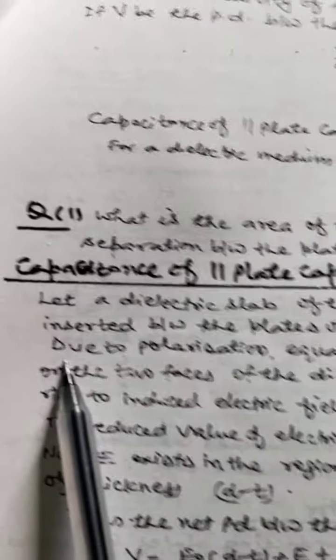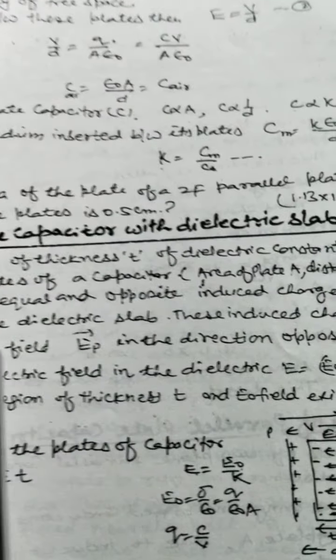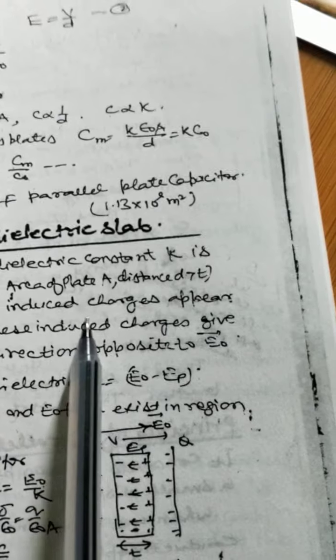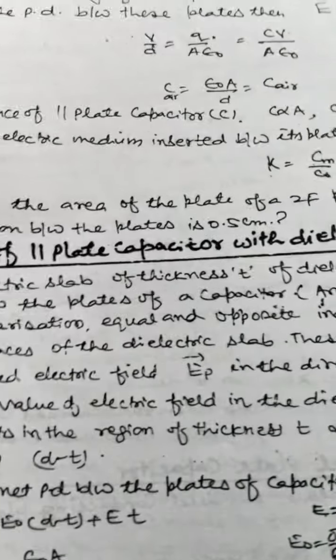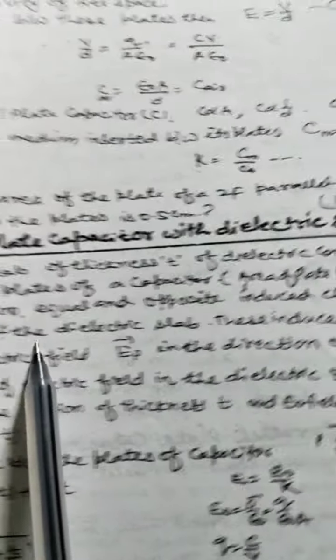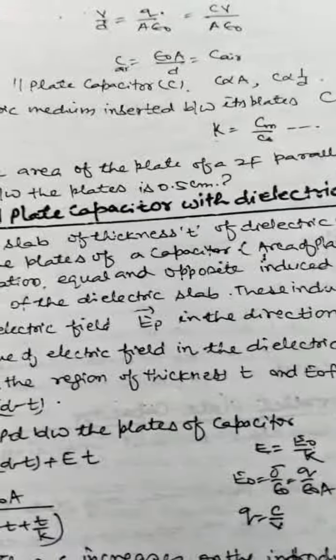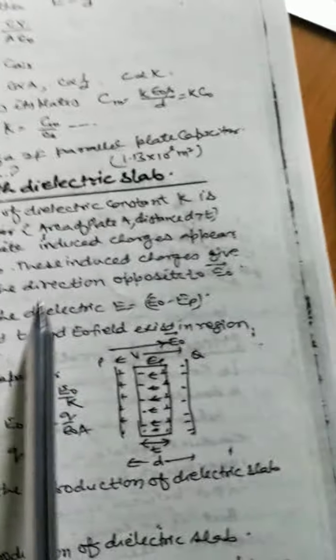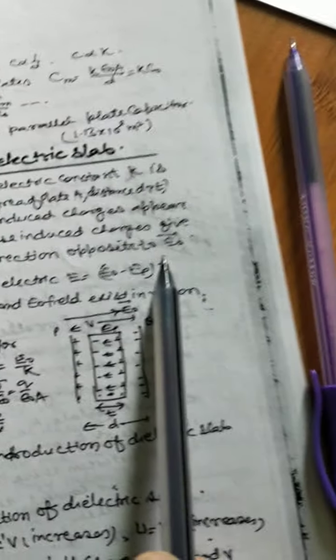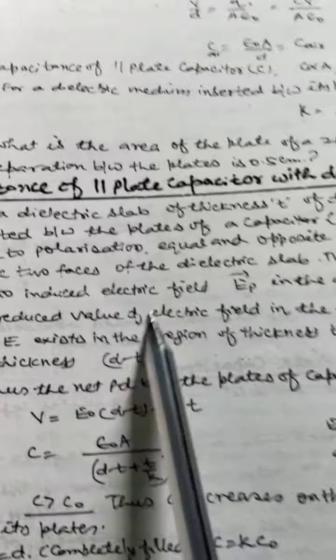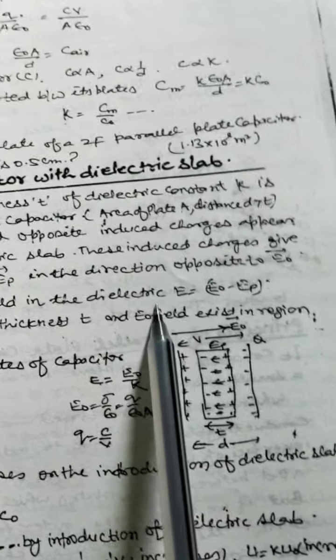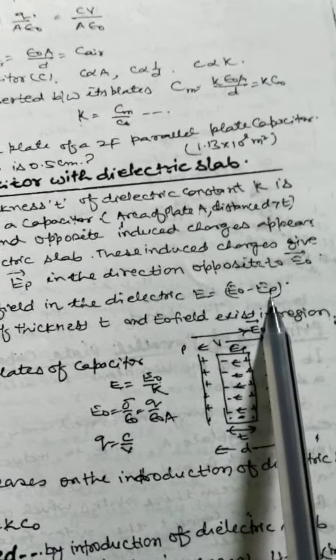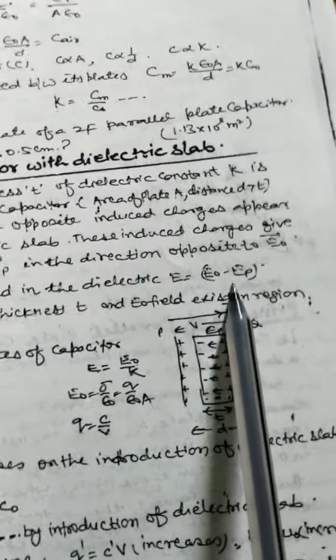Due to dielectric polarization, equal and opposite induced charges appear on the two faces of the dielectric slab, and these induced charges give rise to the induced electric field EP in the direction opposite to E0. And this reduced value of electric field in the dielectric, that is E0 minus EP, is E.